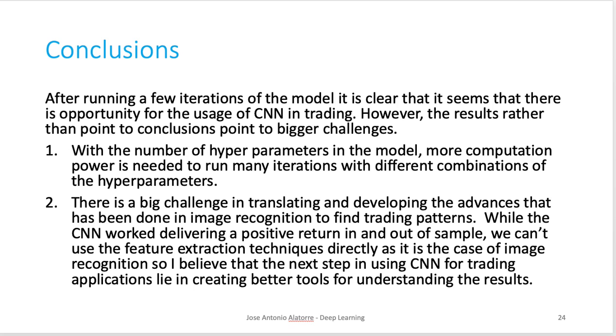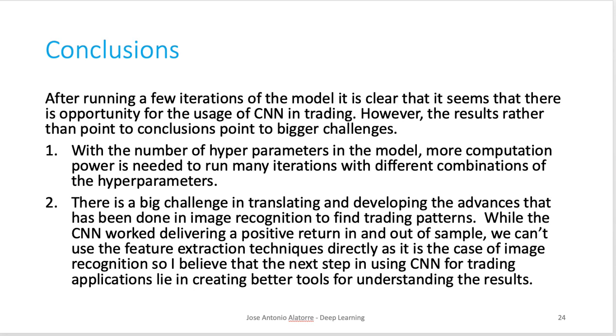What were the conclusions? Well, after running a few iterations of the model, it's clear that there is opportunity for the usage of convolutional neural networks in trading. However, the results, rather than pointing to a conclusion, point to bigger challenges. The first one is that with such a high number of hyperparameters, as you will see in the model, more computational power is needed, and you may run many iterations with different combinations of these hyperparameters, and it will be hard to actually fine-tune.